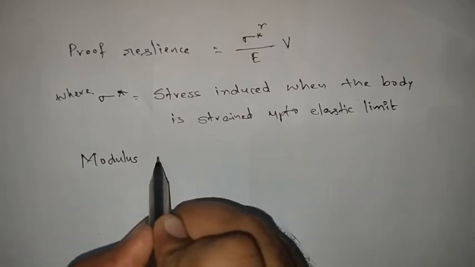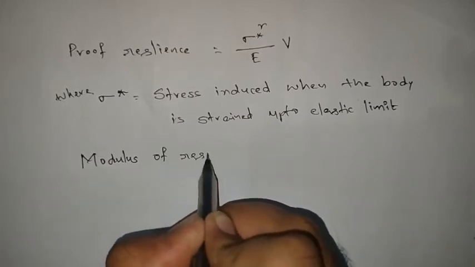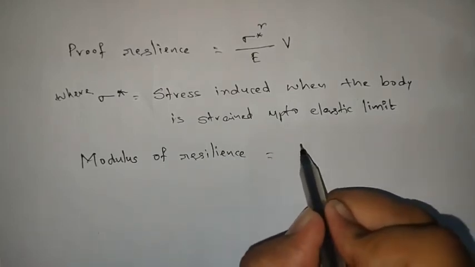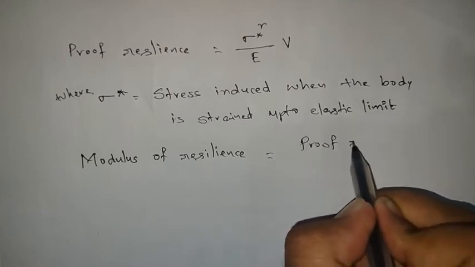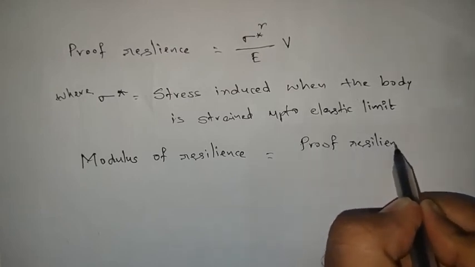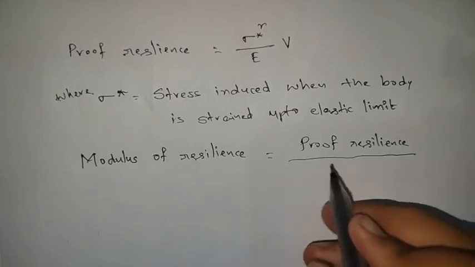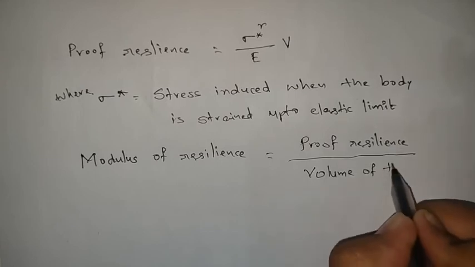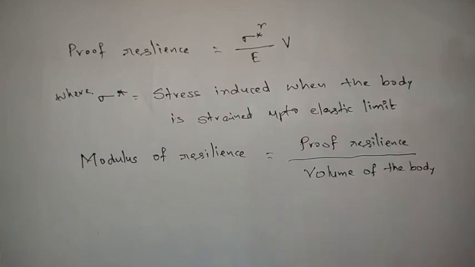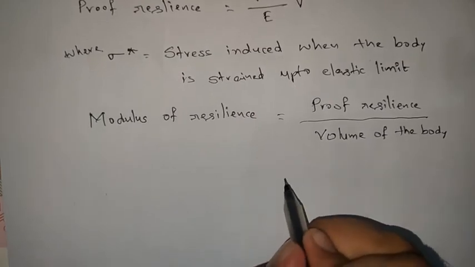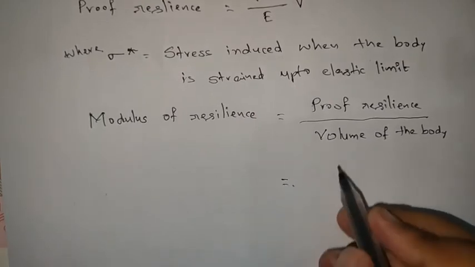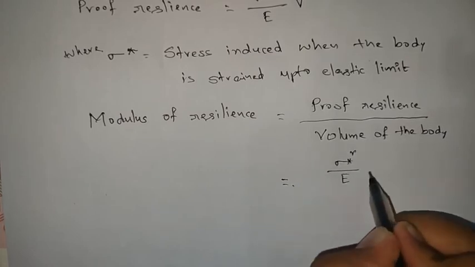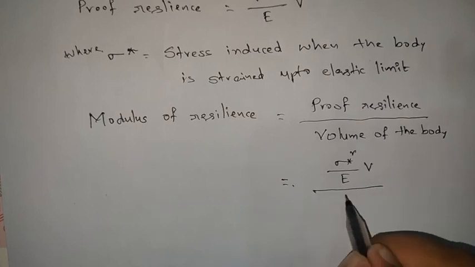Modulus of resilience is the ratio of proof resilience by volume of the body. Proof resilience is the maximum amount of energy stored in the body, which equals sigma star square by E into V, divided by the volume of the body.